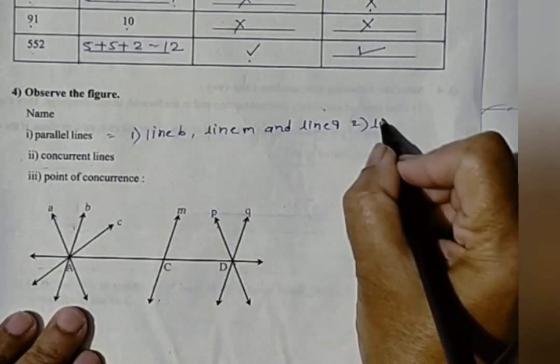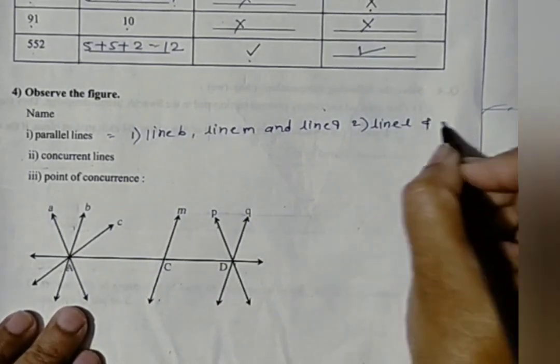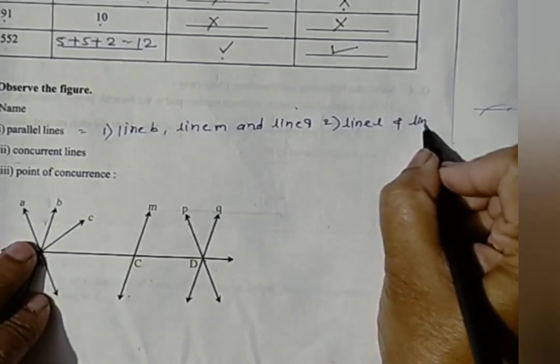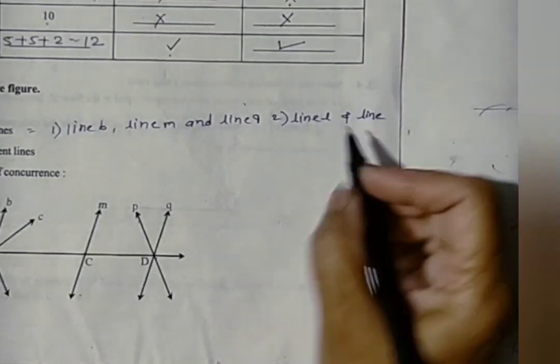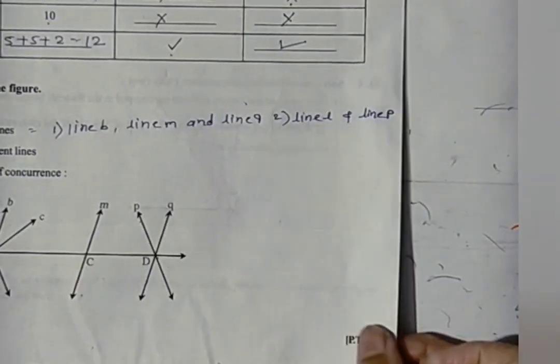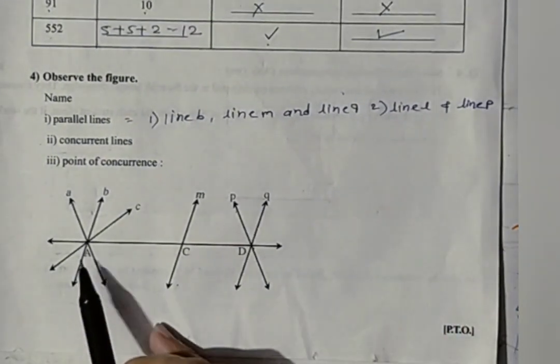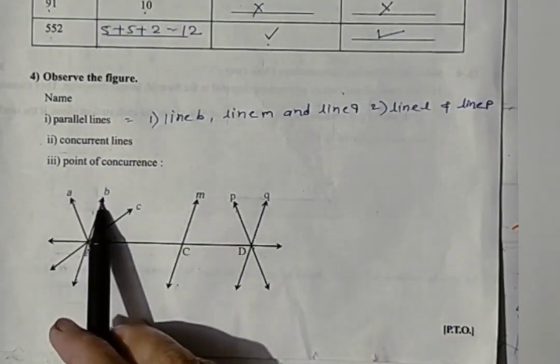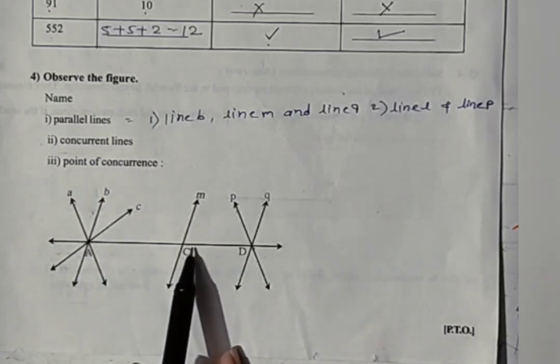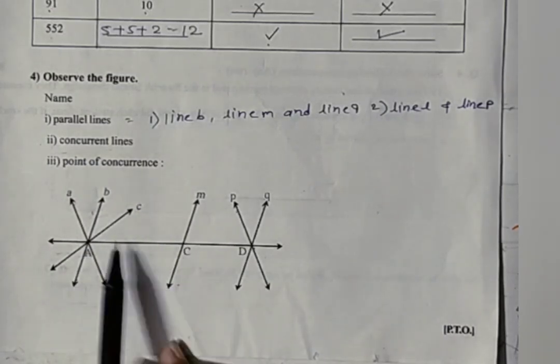Second, concurrent lines. Line A, line B, line C and line AC or AD.